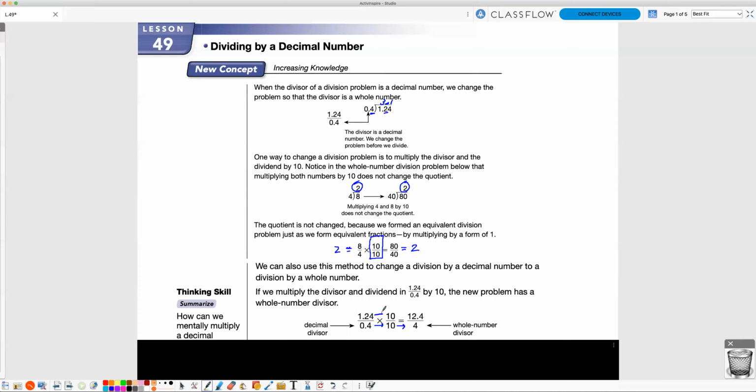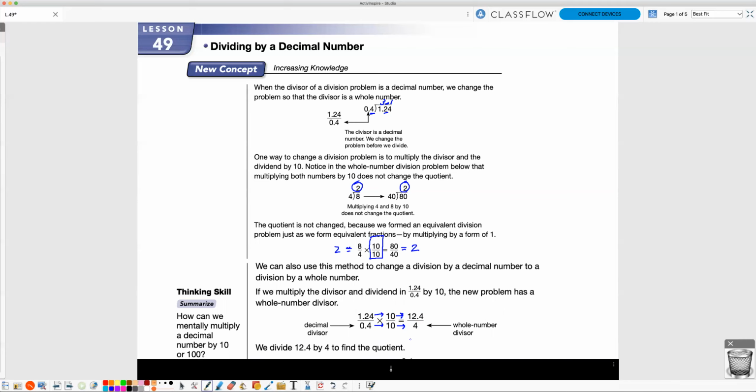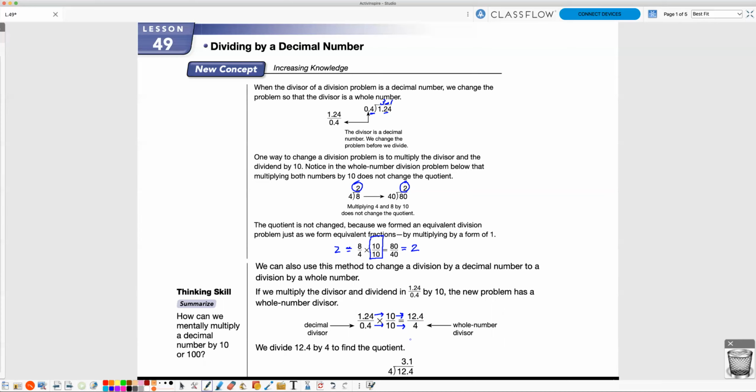So numerators times the numerators, denominators times the denominators. Now you have 12 and 4 tenths divided by 4. So we divide that to find the quotient, which would be 3 and 1/10, because 12 divided by 4 is 3. Decimal comes straight up in the answer, and 4 divided by 4 is 1.